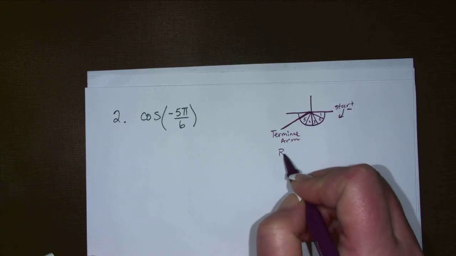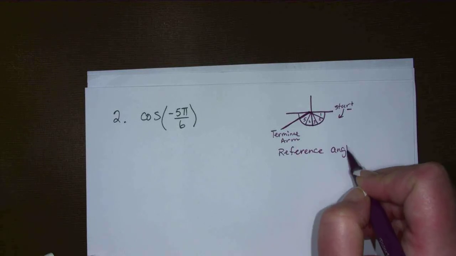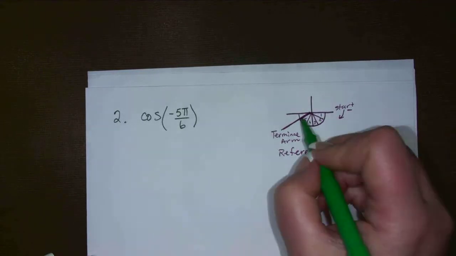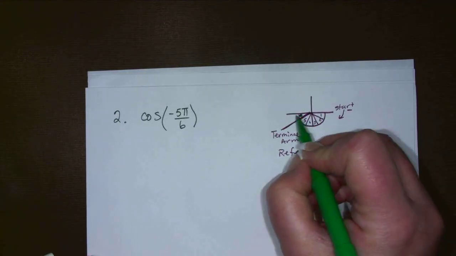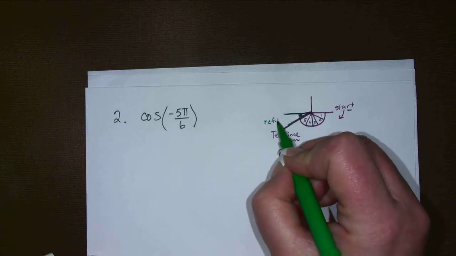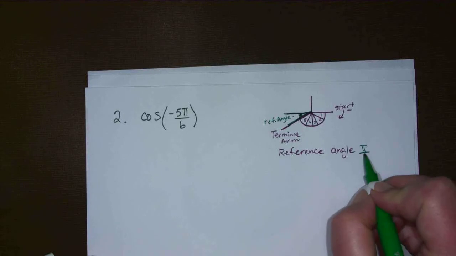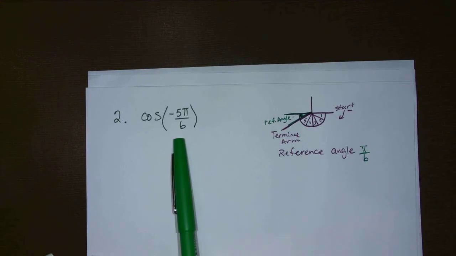So our reference angle is right in here. What size is that piece? Pi over 6. It really is whatever is right here, the size of the pieces, as long as it's reduced.